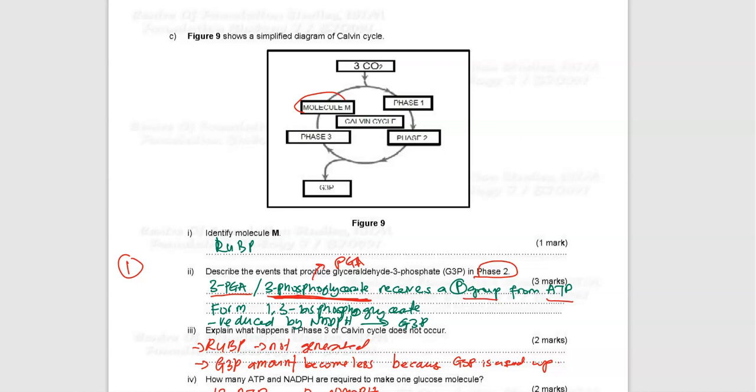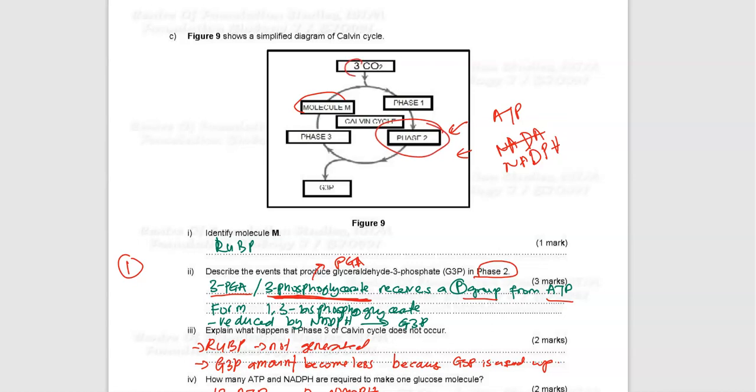So maksudnya semasa phase yang kedua ni, dia akan menerima ATP. ATP will be involved in the reaction, and it also receives NADPH in the reaction during phase 2.